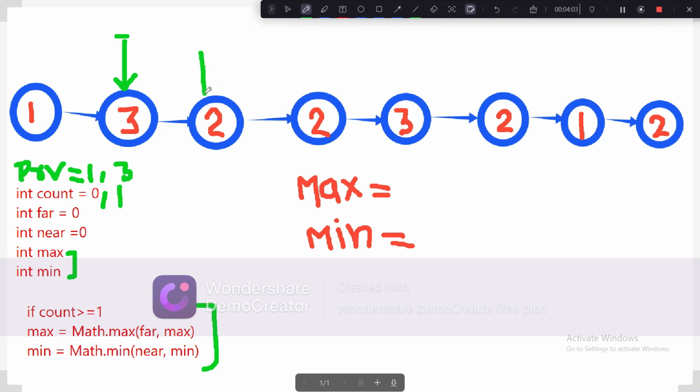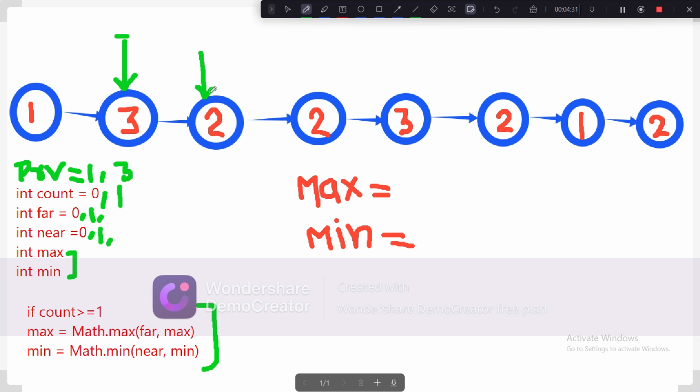Now we will be coming to here. Initially what was our far? Our far was 0, but as soon as count becomes 1, our far would become 1, as well as near. Far and near are two variables to keep the distance of the farthest one and the nearest one. Now we are at 2.